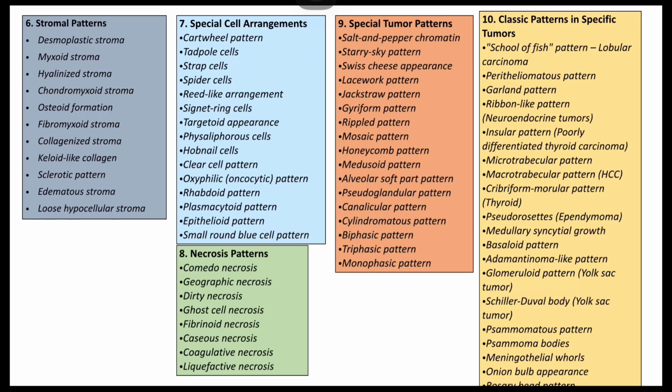We are discussing all these patterns so that you can remember the diagnosis on the basis of pattern, and once you recognize the pattern, there is a clue to define the diagnosis.